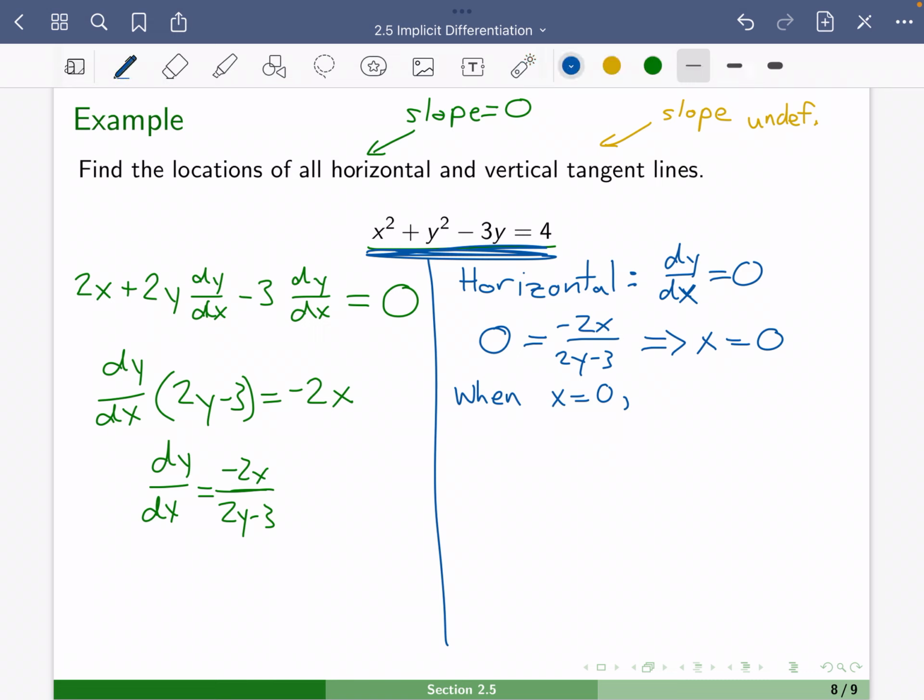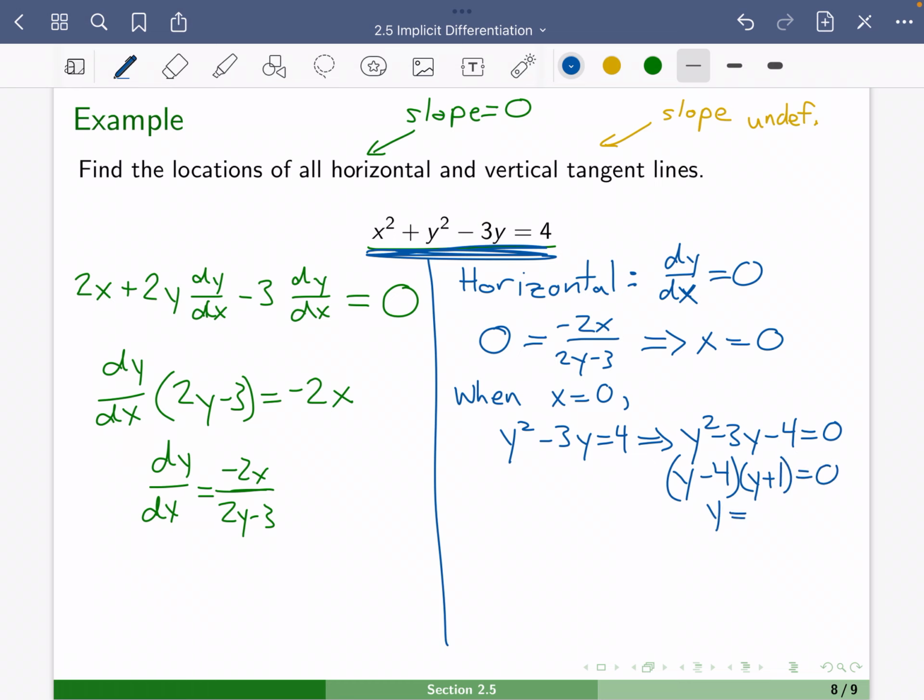So we'll have 0 squared, which is just 0. So we have y squared minus 3y equals 4. We're solving this quadratic, so we set it equal to 0: (y minus 4) times (y plus 1) equals 0.